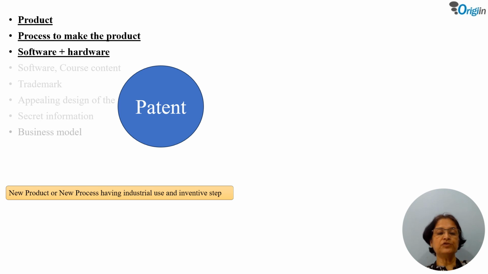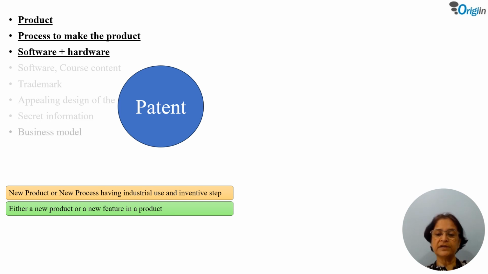Patent is granted to new product or new process having industrial use and inventive step. It can be either a new product totally, so entire product is new, or it may be one or more features of a product. Validity of a patent is 20 years.